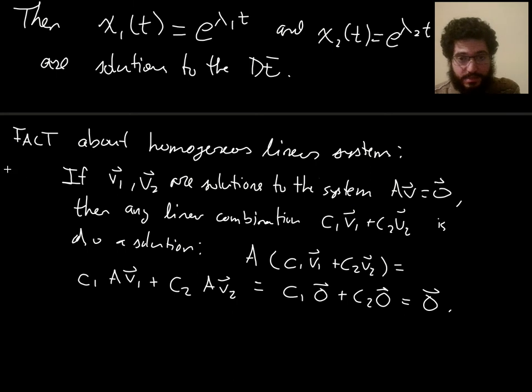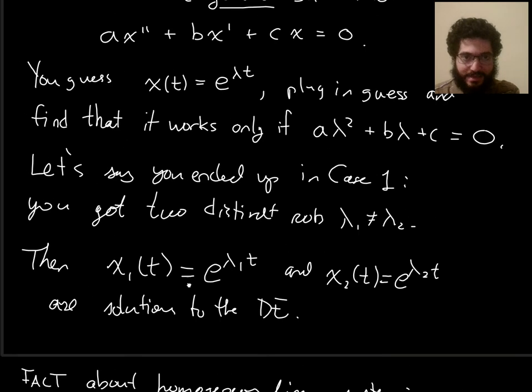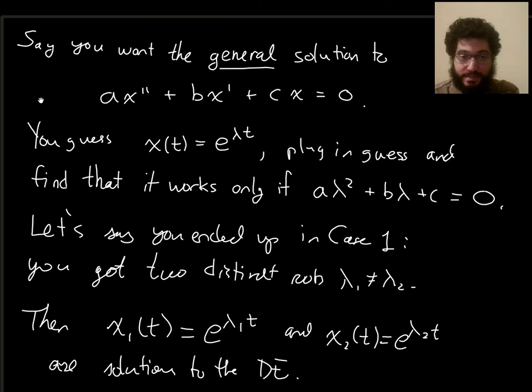It's going to be the same deal when the vectors are replaced by functions and the matrix is replaced by a differential operator, like the operator that, when applied to x, produces what you see on the left-hand side here.